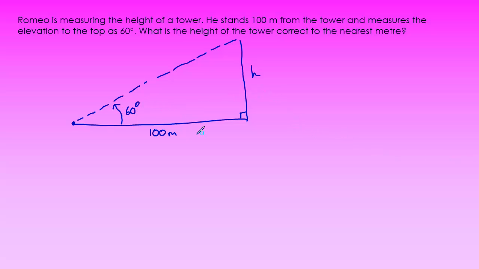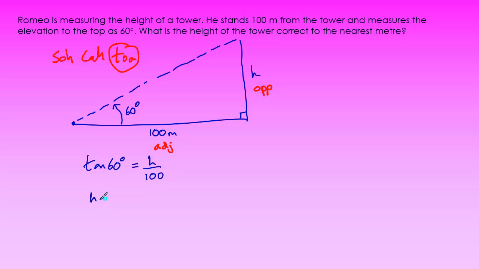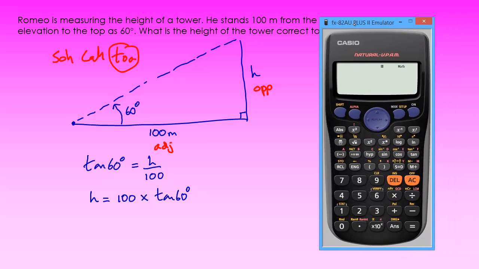Now, compared to the 60 degrees, this is the opposite, and this is the adjacent. So if we think about SOH CAH TOA, opposite and adjacent means we're using the tangent. So we can say the tan of 60 degrees is equal to the opposite, which is h, over the adjacent, which is 100, and then h is equal to 100 multiplied by the tangent of 60 degrees, and all we have left to do is calculate that.